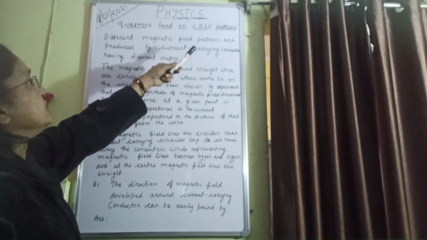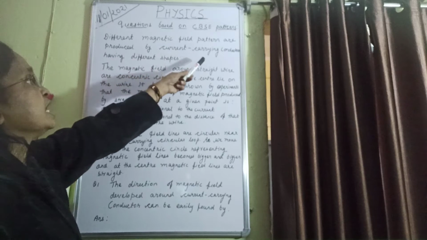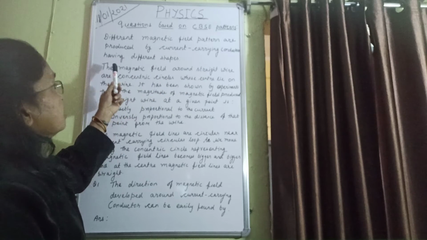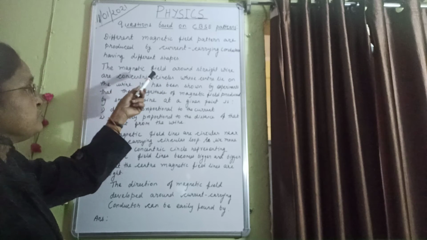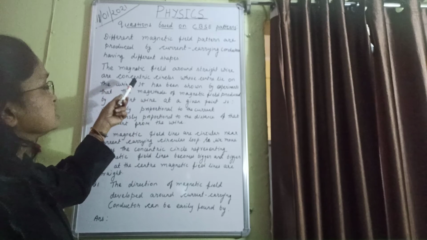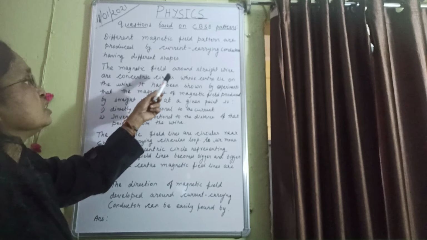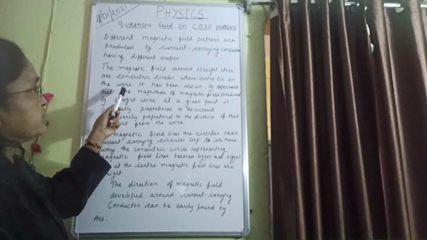Different magnetic field patterns are produced by current carrying conductors having different shapes. The magnetic field around a straight wire is concentric circles whose center lies on the wire.